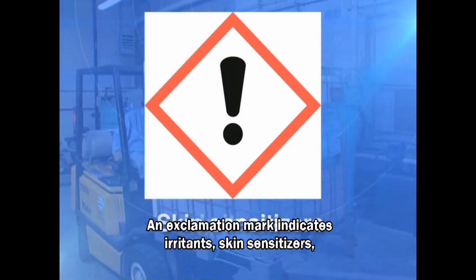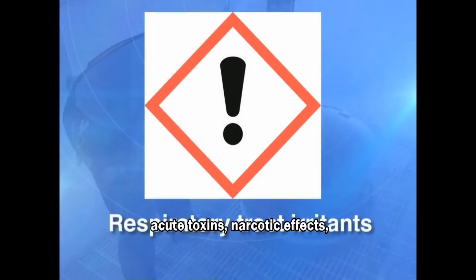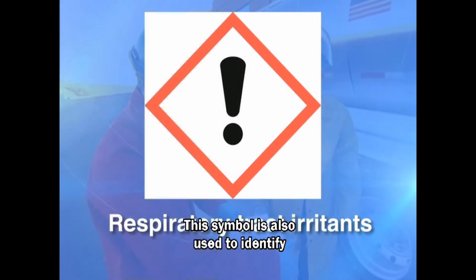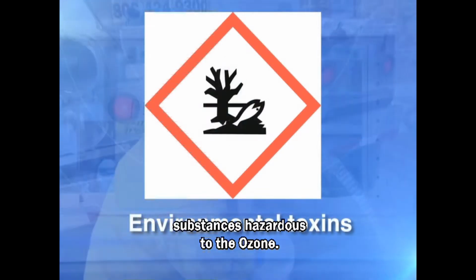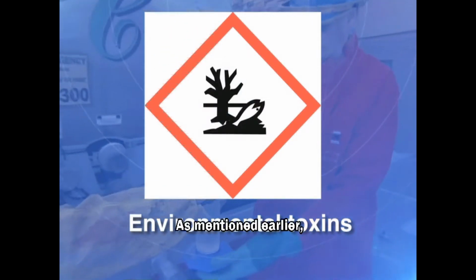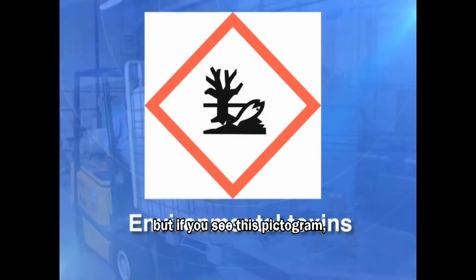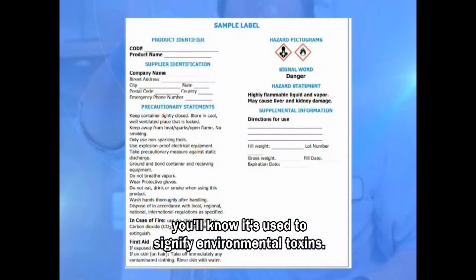An exclamation mark indicates irritants, skin sensitizers, acute toxins, narcotic effects, and respiratory tract irritants. This symbol is also used to identify substances hazardous to the ozone. As mentioned earlier, OSHA doesn't regulate environmental hazards. But if you see this pictogram, you'll know it's used to signify environmental toxins.